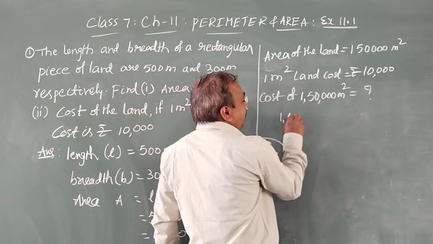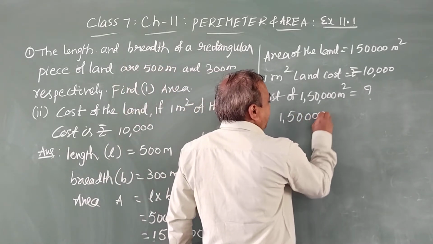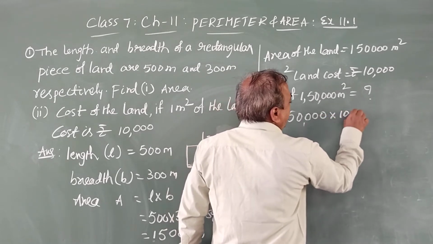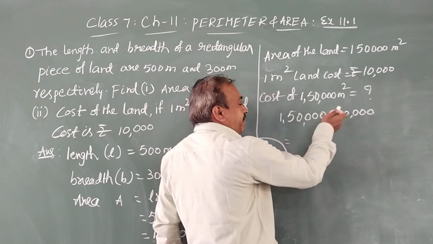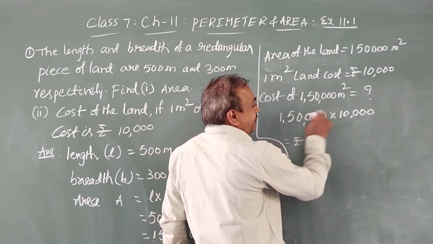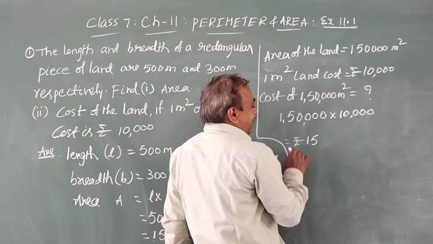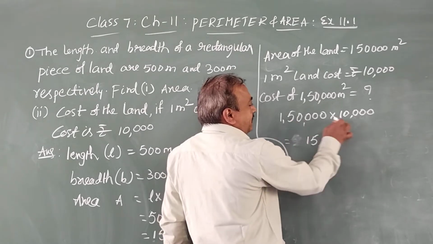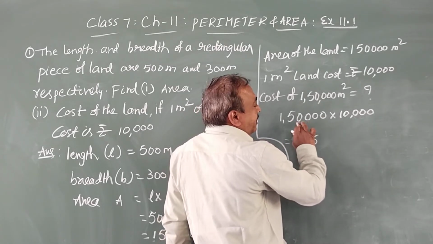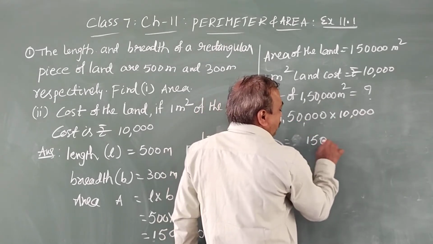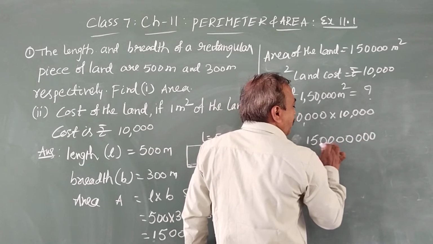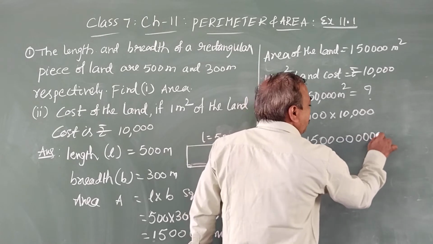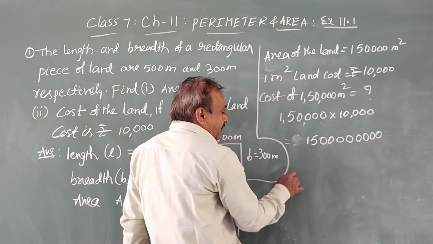So 1,50,000 meter square into 10,000 rupees. If you multiply this again, easy way: 15 ones are 15, then zeros here 4, total 8 zeros. So this is the total cost.